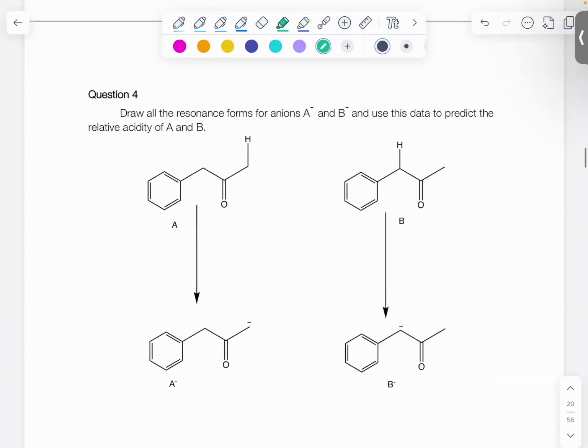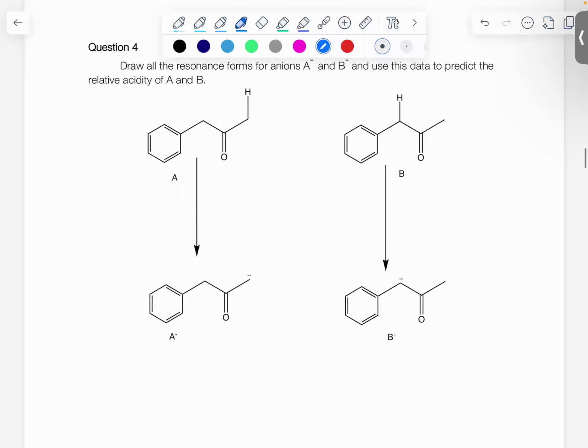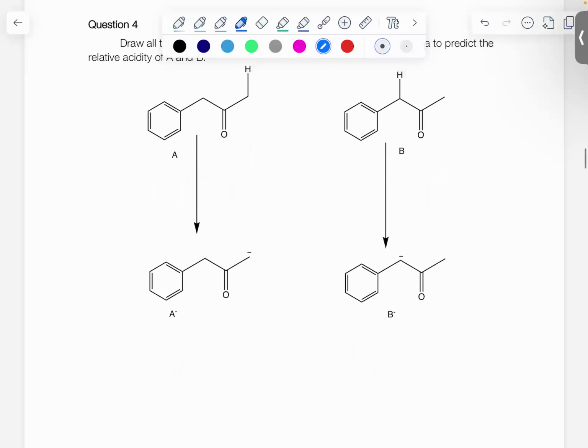So resonance is really helpful, not only in determining nucleophiles and electrophiles, but we can also use it to determine the relative acidity. So with this, we'll compare the relative acidity of A and B by looking at resonance forms. Resonance forms are basically the movement of electrons around the molecule.